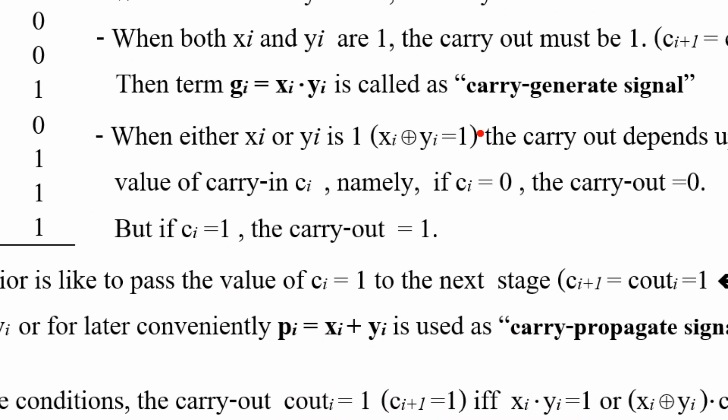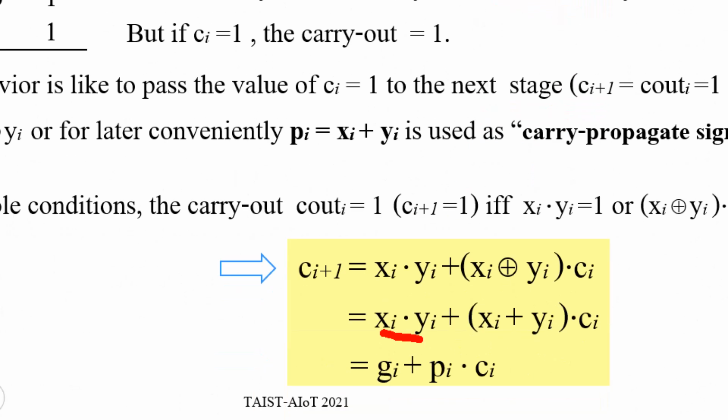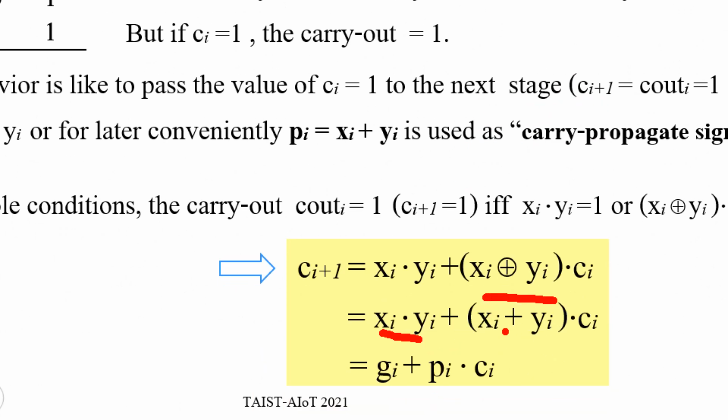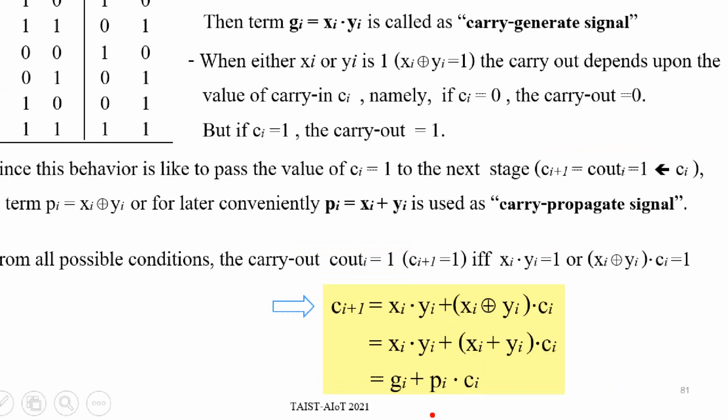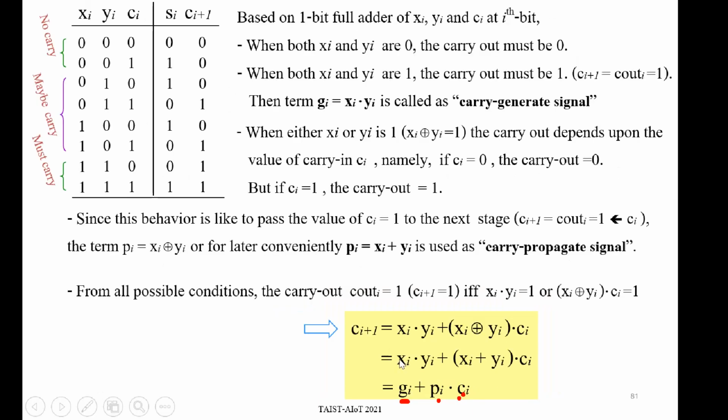This term is the carry generate, and this term is the carry propagate. Or you can write it in the short expression Gi plus Pi and Ci. So it's the carry in, this one.